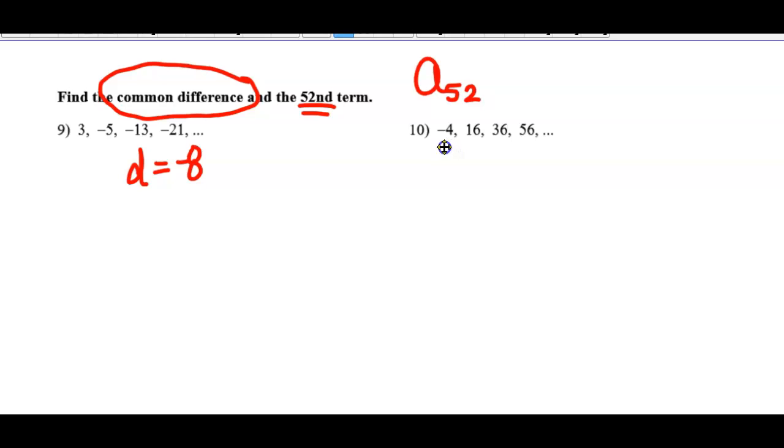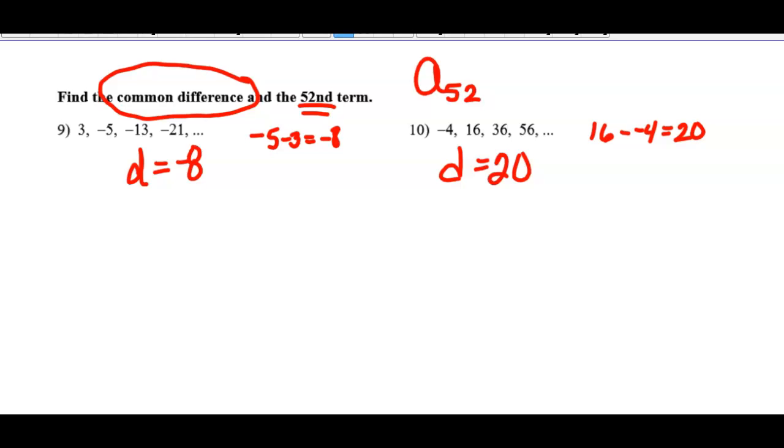This one, if you notice, is going up by 20. And again, all you have to do is type negative 5 minus 3 is negative 8, or 16 minus negative 4 is 20, or 56 minus 36 is 20, okay? They've told you that there is a common difference, so you don't have to check every set.